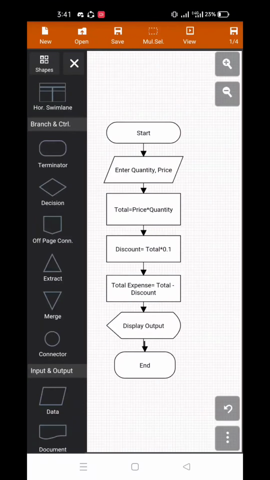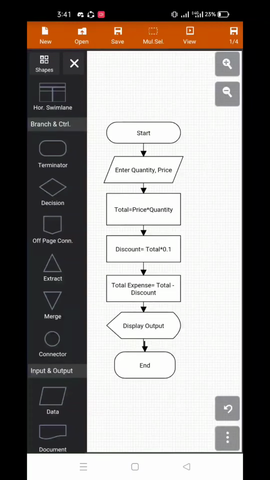That is the 10% discount in decimal point, 0.1. So the total of the price and the quantity is multiplied by 0.1 or 10% to get the discount. So total expense is total minus discount, that is how you get the total expense of a certain product.